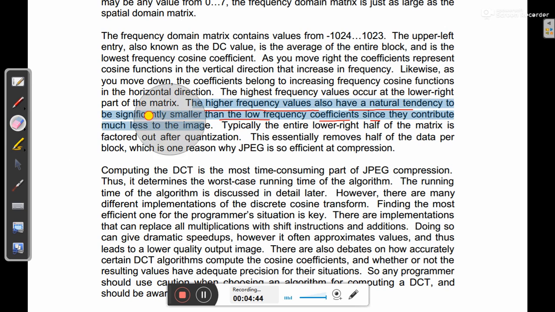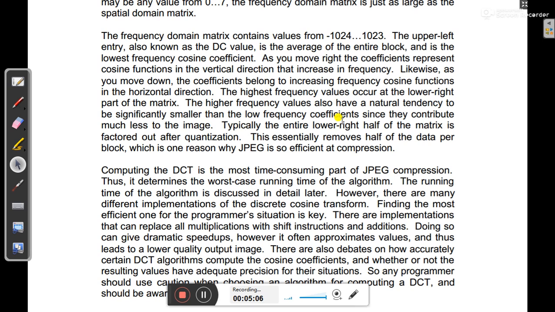So typically the entire lower right half of the matrix is factored out after quantization, because that does not contribute much to the image.